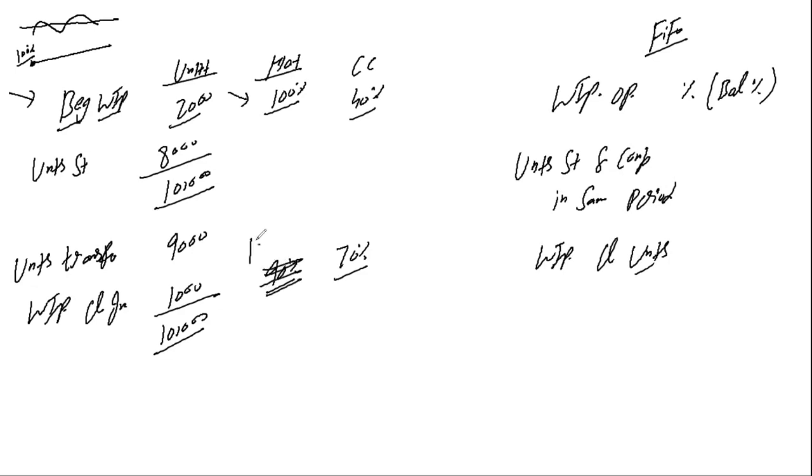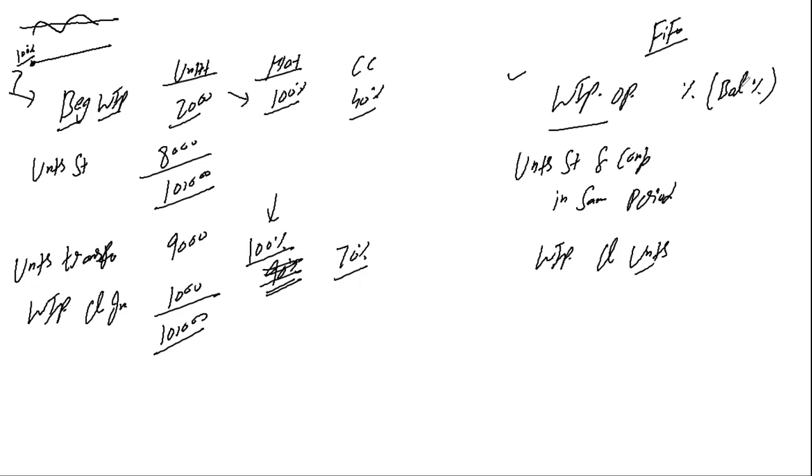You can assume that the closing units are 100% completed with respect to materials, because material I am adding 100% at beginning of the process. The time I am starting the process, at that time 100% material I add immediately. So that's why my closing work in process will be 100% completed with respect to material. So my formula is the same. Let's start to apply.